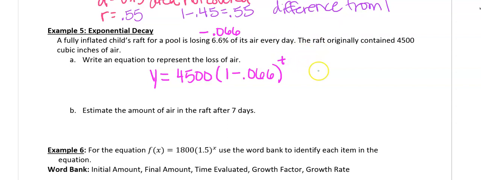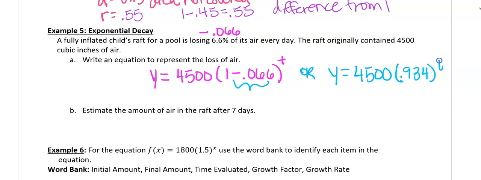Now, here's our R part of it right here. You might see it written as already subtracted, this part already being subtracted. So that would look like 4,500 times 1 minus 0.066 is 0.934 to the t value. I'm going to use this one just because it's less to write, honestly, and I know it's a decrease, so I'm just going to use that one.